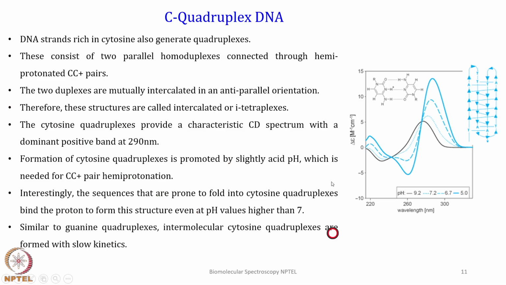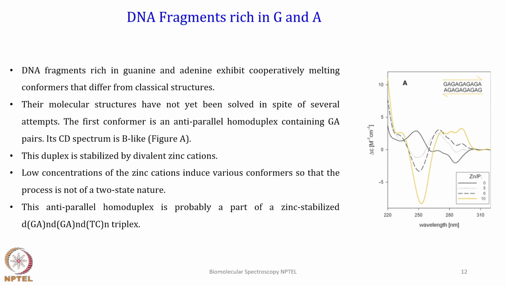So, this was similar to guanine. This intermolecular cytosine quadruplex is formed by slow kinetics. You can see as you change the pH, it transitions slowly. At a lower pH you have the characteristic structure of the intercalated form, and then as you increase the pH, the structural transition of the intercalated quadruplex happens.